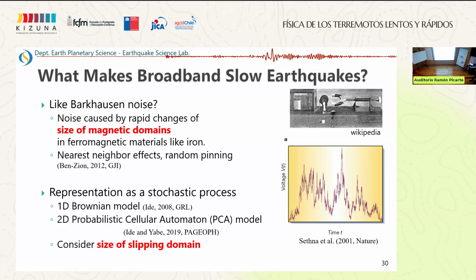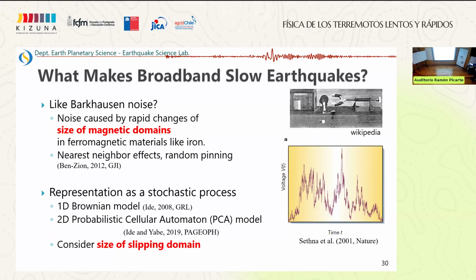When the magnetic field changes, there is some electric noise in the iron. This is time and electric noise. This noise is actually very similar to what we observe for tremor and low frequency earthquakes. And this kind of phenomenon is explained by some stochastic process.